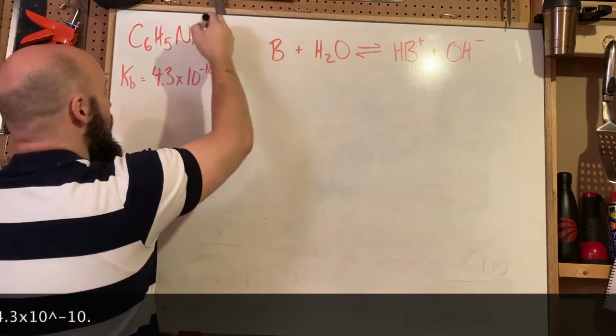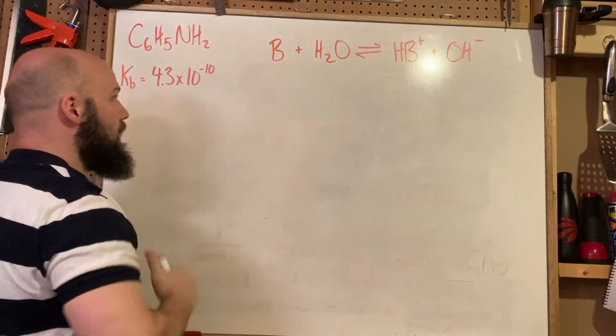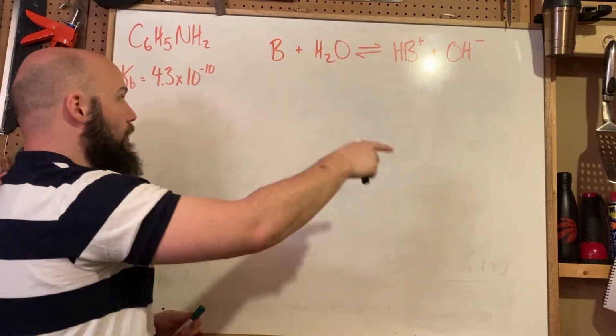Aniline will accept a hydrogen and it would be C6H5NH3 plus with the hydroxide as your conjugate base.